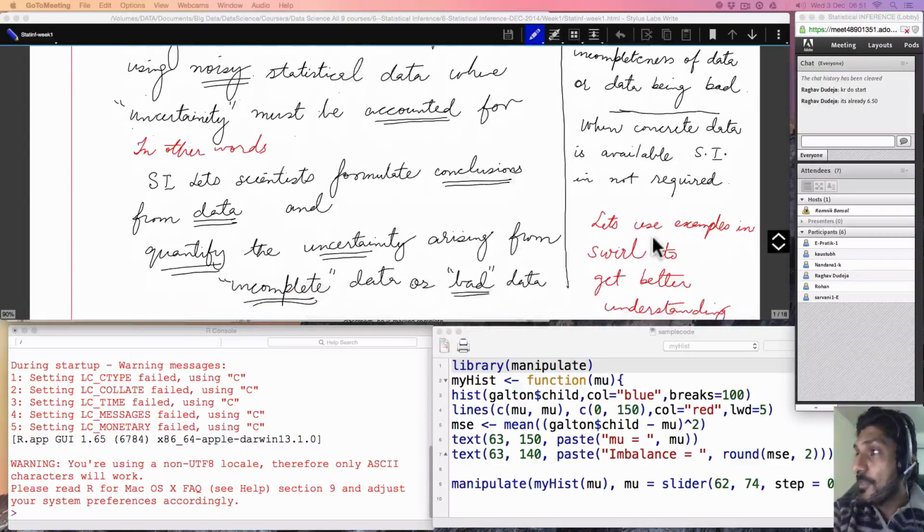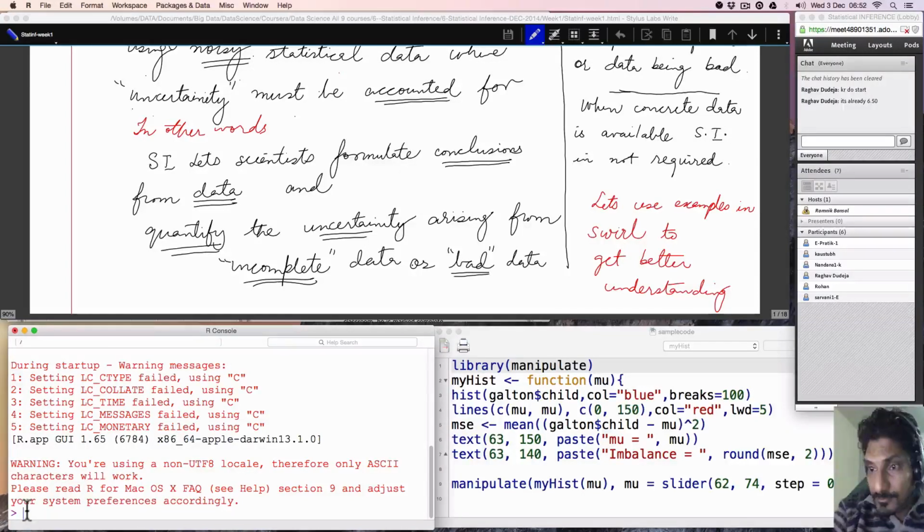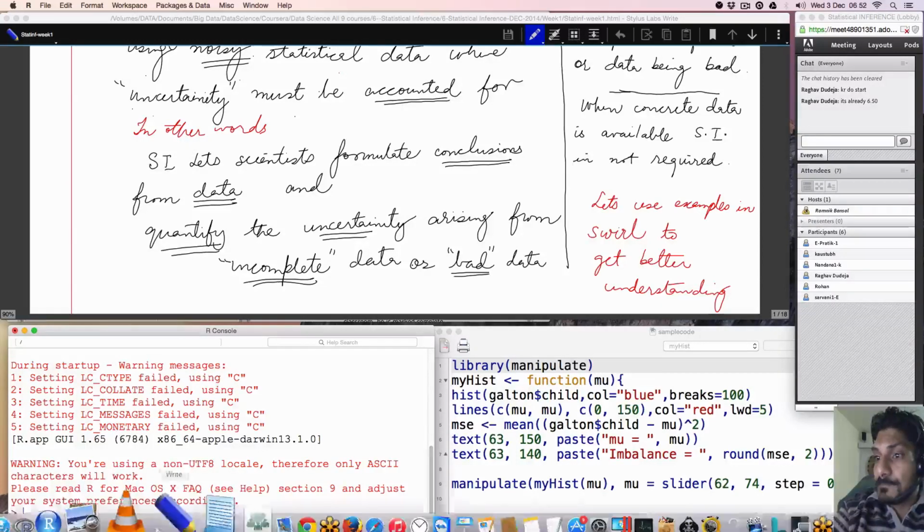So what we will do is we're going to use swirl to get a better understanding of the different concepts. Okay, so let me execute that.